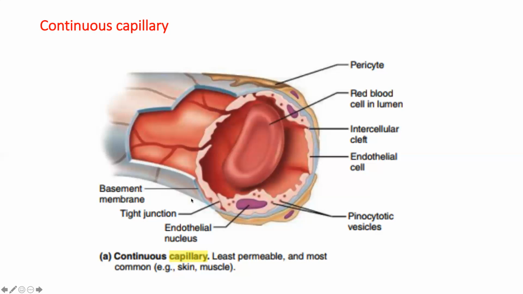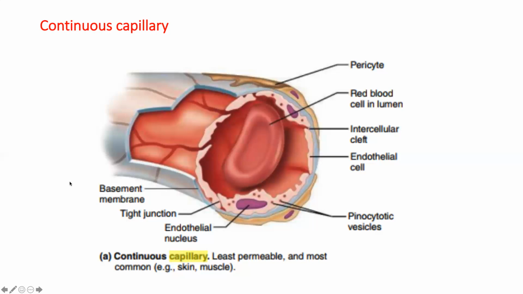They are tight, and therefore we call them tight junctions. So what it means is there will be minimum transfer or minimum leakage from the intraluminal, so from inside the capillary out of the cell.